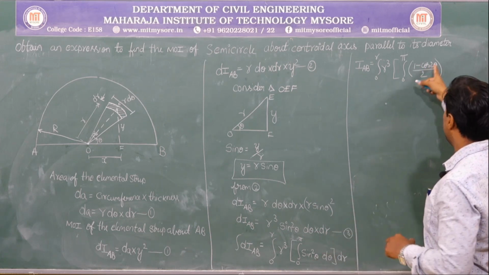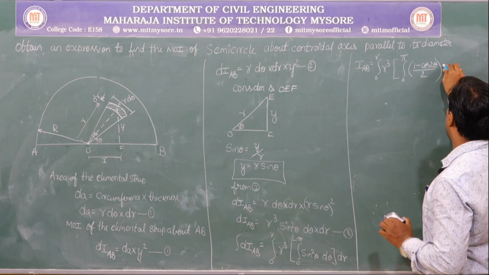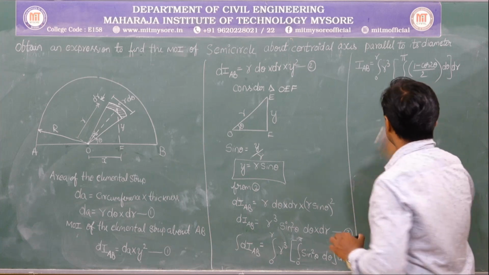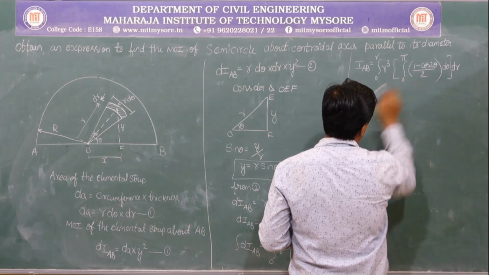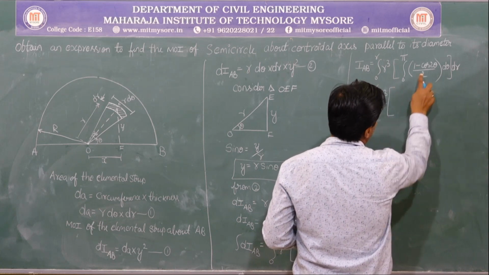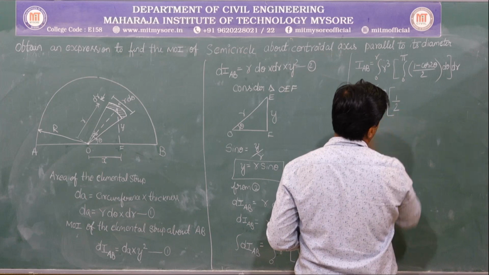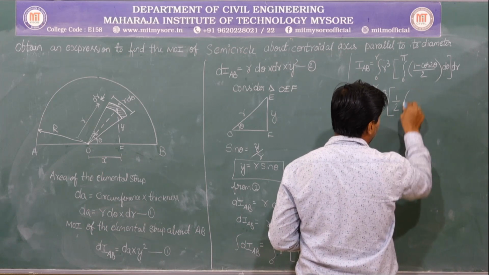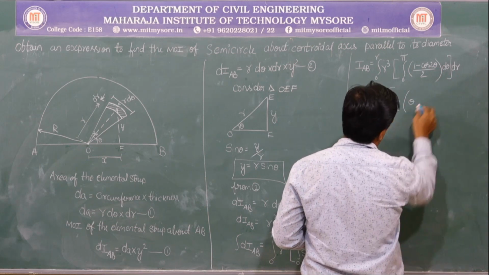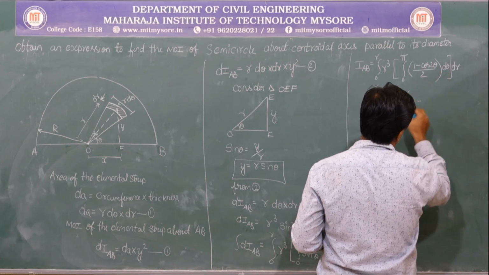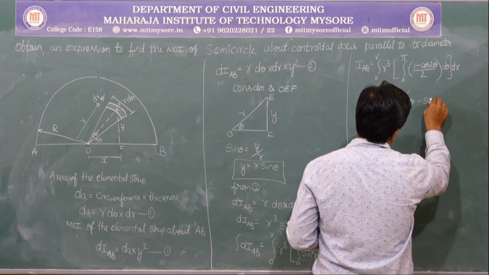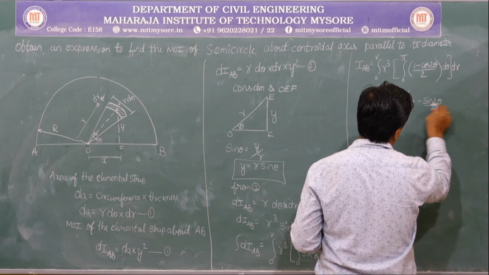And d theta, let it be as it is, into dr. First let me integrate that; later on I will come for the r part. Half I can take out. Now let me integrate it directly. What is 1 into d theta? It is theta, minus what is cos 2 theta? It is sine 2 theta by 2.